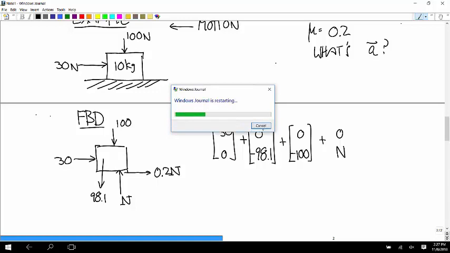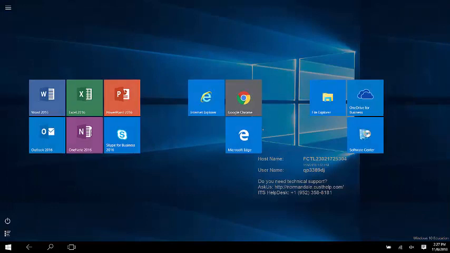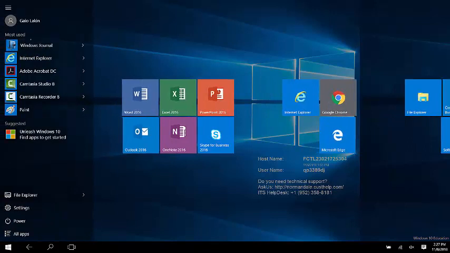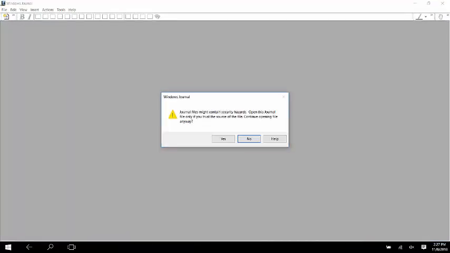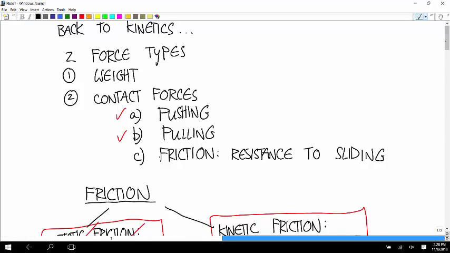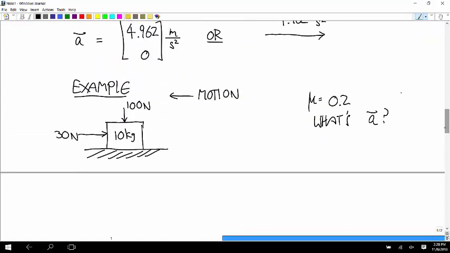Oh no. Okay, got most of it back anyways. Okay, we didn't lose much.